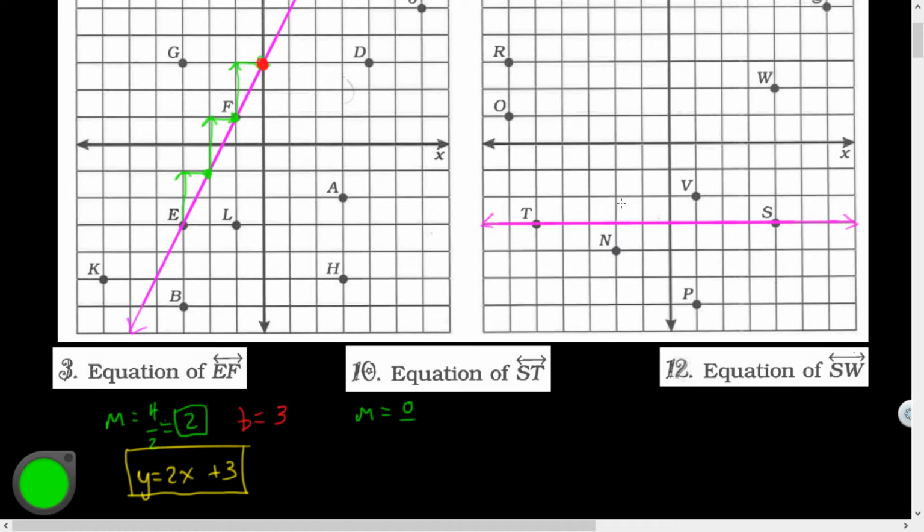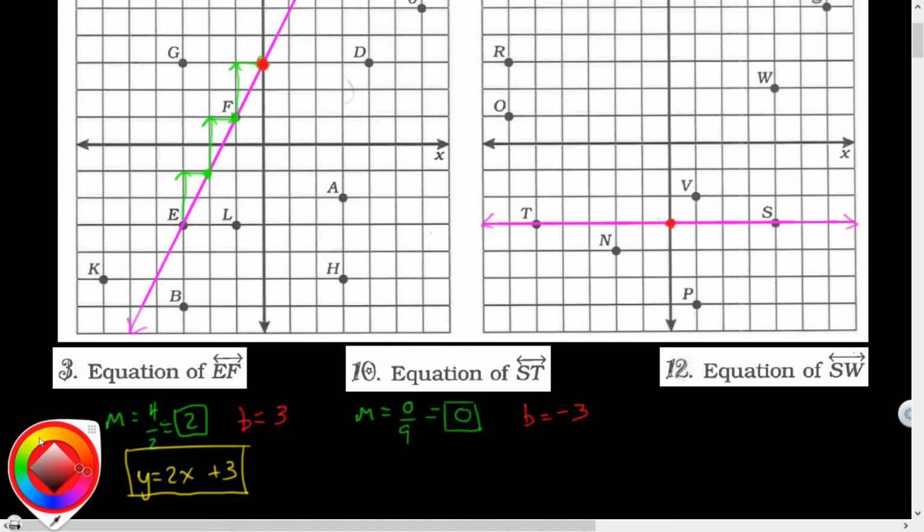is some number. We could call that 0 over 1. We could call it 0 over, I don't know, what is that, 9? Whatever we would have selected, I would have still gotten a slope of 0. All right, and what is the y-intercept in this equation? Here's the x-axis. Where's that with respect to the y? -3.